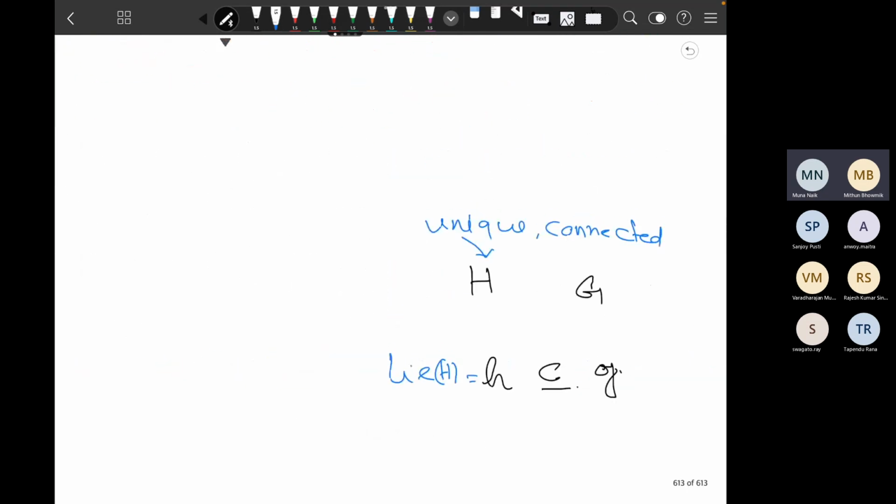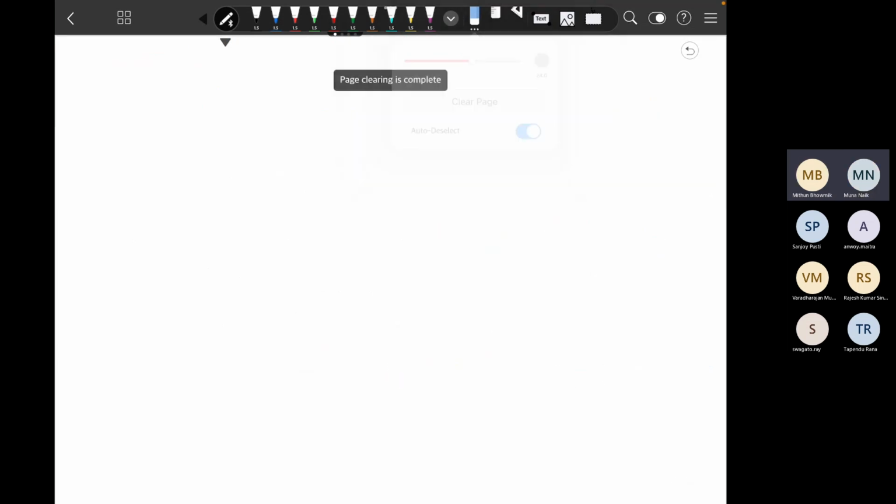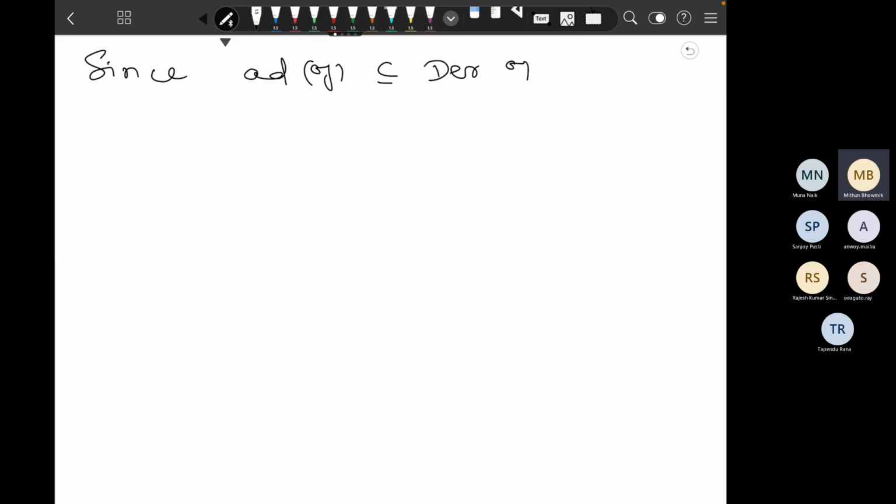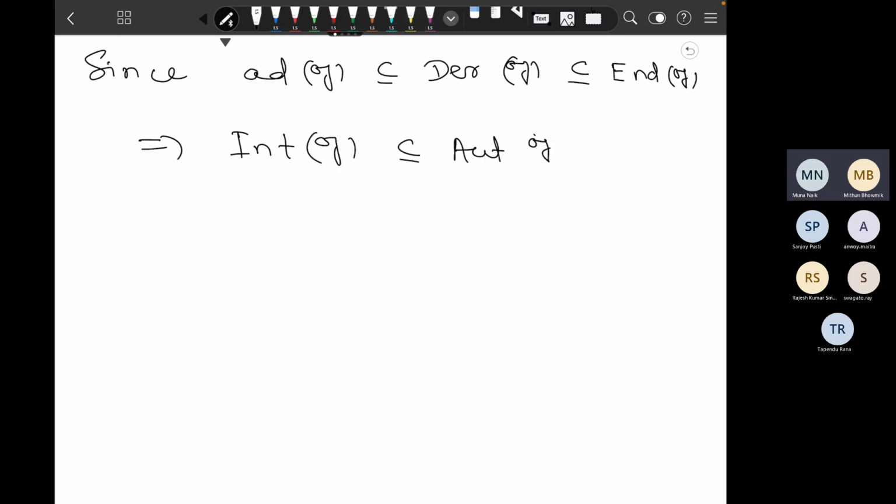Now since this ad g is a subset of the derivation of g, a subset of End g, this implies this Int g will be a subset of Aut g, and so it will be a subset of GL(g). So these are three very important groups: Int g, Aut g, GL(g).